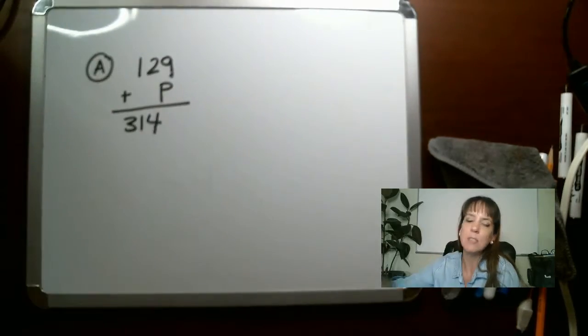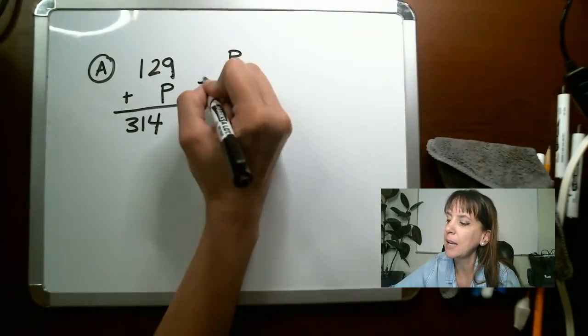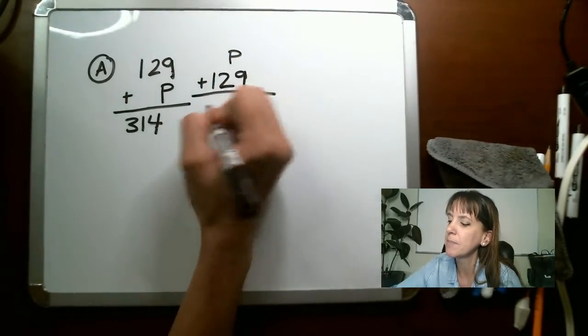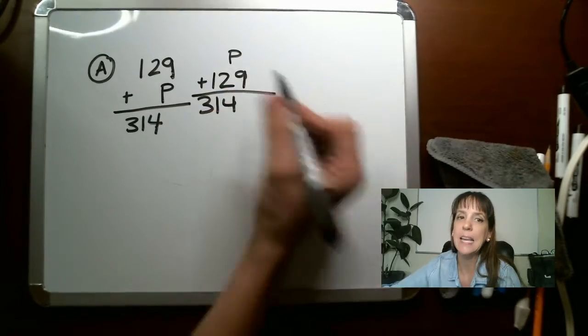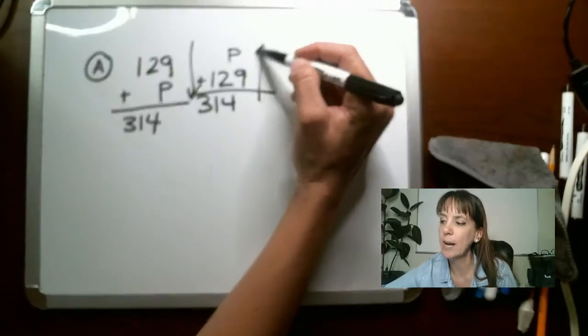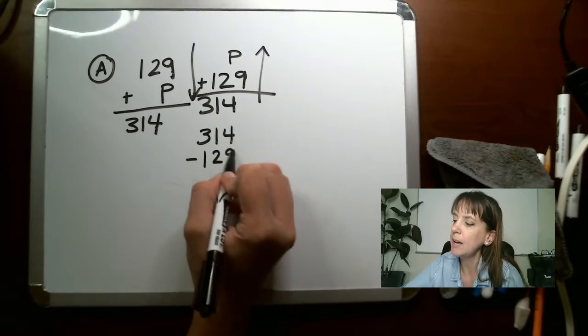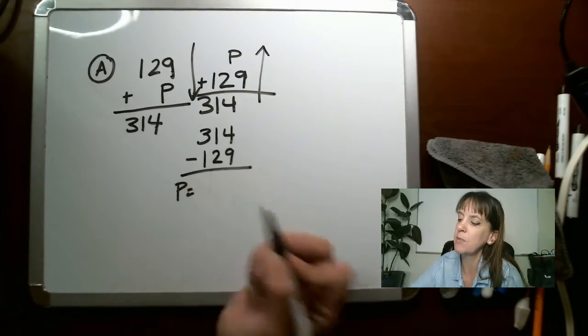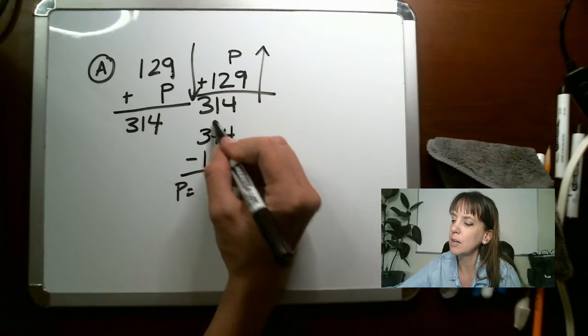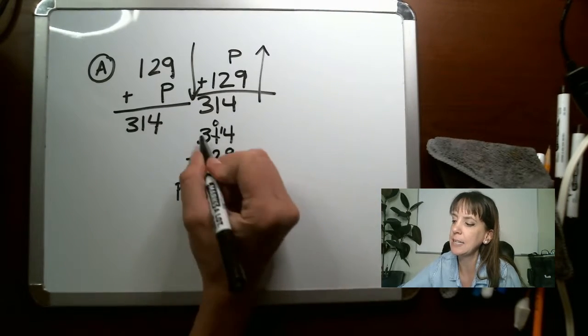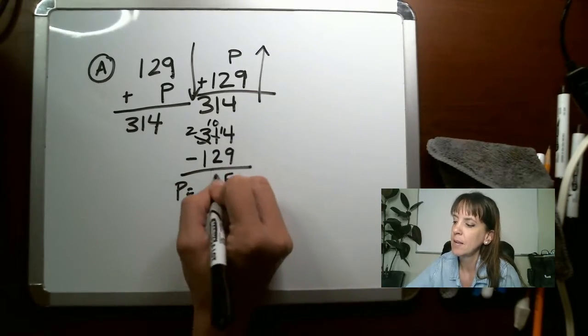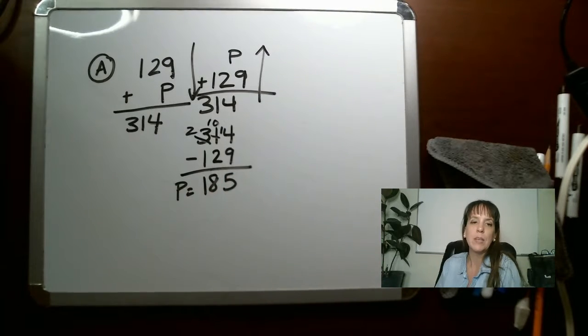All right, so we know that we can swap those around to get P plus 129 is 314. If we add in this direction, we subtract in that direction, so we get 314 minus 129 gives us P. So I'm going to move that over. All right, we're going to do some subtracting here. So he had 185 pages left to read.